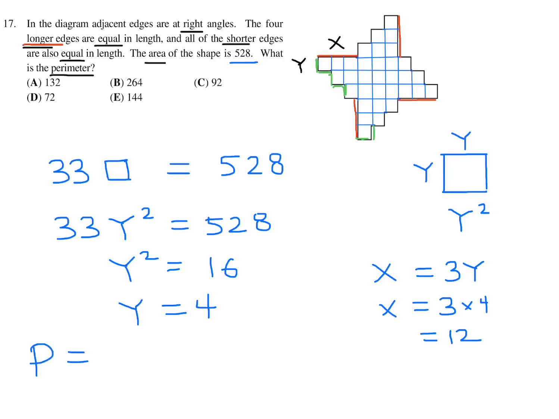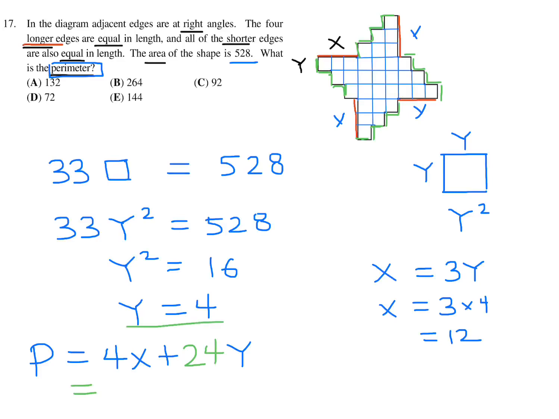Finally, the perimeter, which is what they're asking for in this question, is 4 of these x's, right? Because this is x, and that's x, and then a whole bunch of y's. If you count the number of y's, you'll see that there are y's all around the shape, all across the perimeter, and the number of y's is 24.